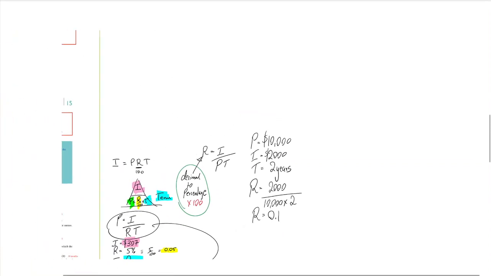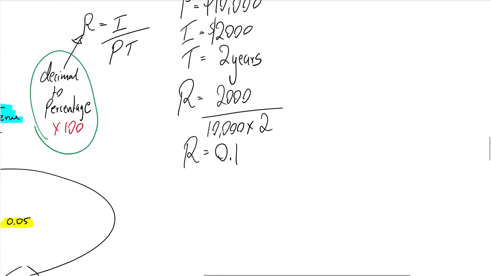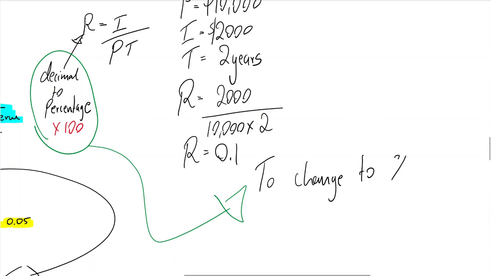Yes, good. Now, remember I told you to go from decimal to percentage, we have to multiply by 100. So we take that 0.1 multiply by 100, and we know that the interest rate is? Good, 10%. Final answer.